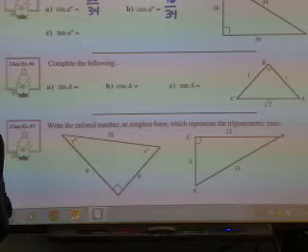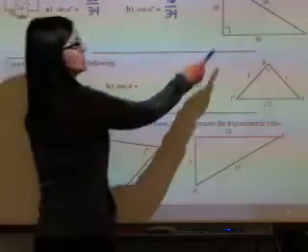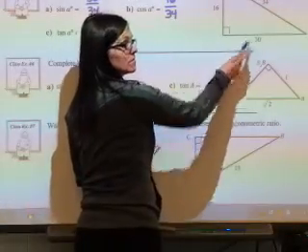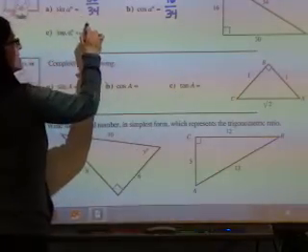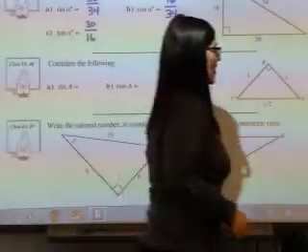So what's the side opposite to angle A? Opposite? 30. And adjacent? 16. Okay, reduce these three fractions for me.